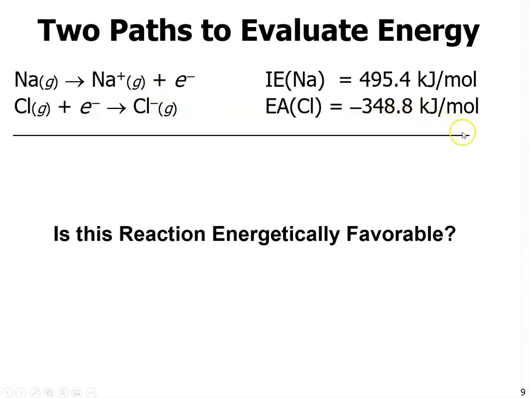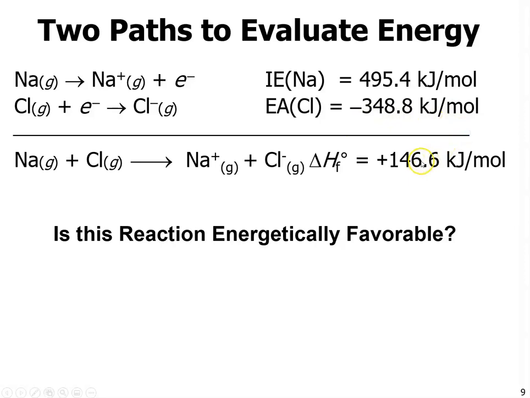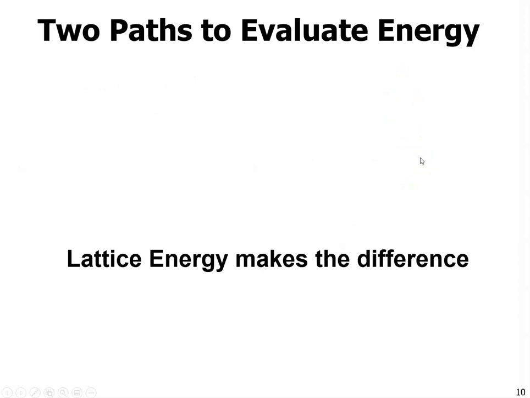So is this energetically favorable? Well, right now, with just the ionization energy and the electron affinity energy, we'd say this was not favorable. We would still have to input some amount of energy, about 150 kilojoules per mole overall, than what we'd get out. So this wouldn't be energetically favorable at this point.